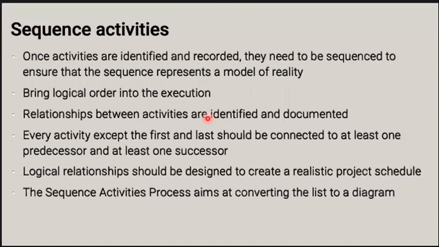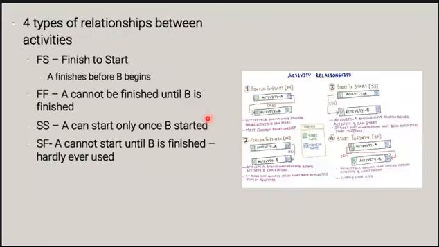Because in sequencing activities we're going to develop logical relationships, we're going to have to know what types of relationships are out there. There are 4 common ones. First, we have finish to start, which is shown in the first diagram here.